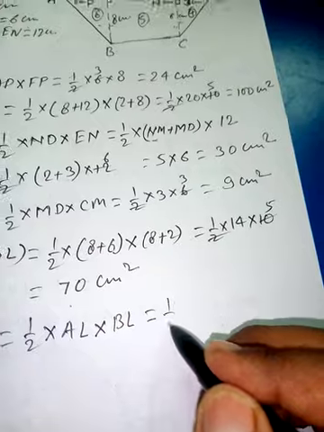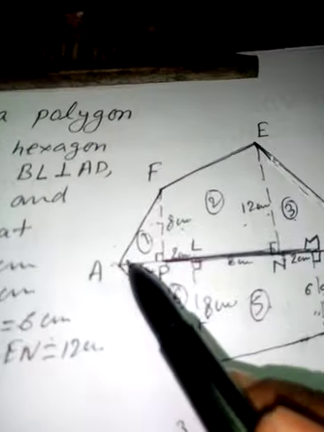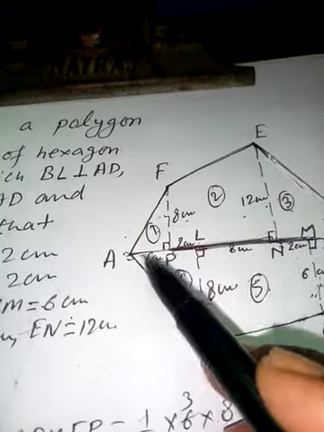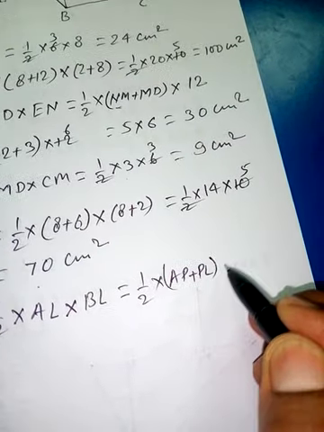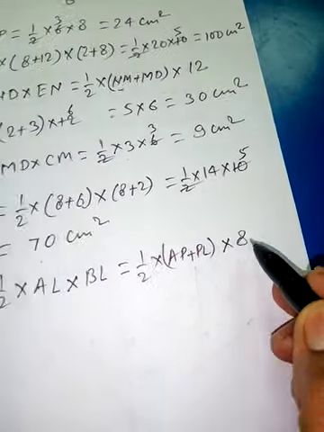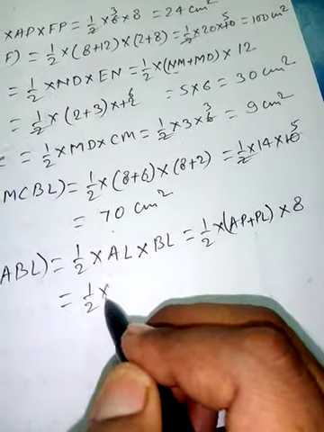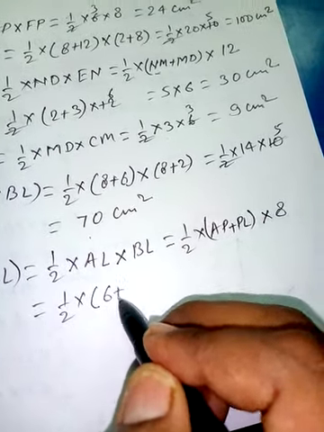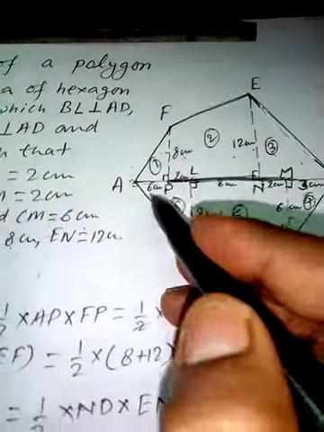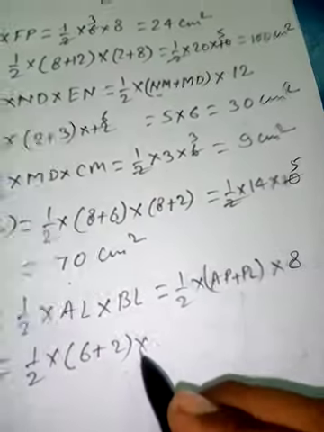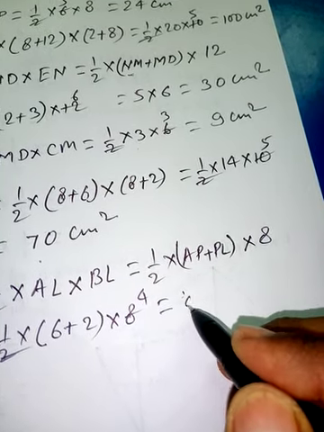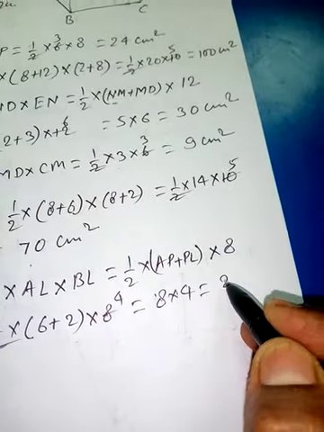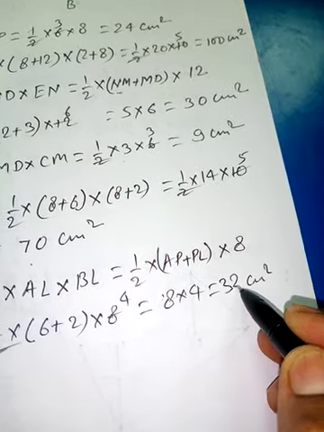AL means AP plus PL, and BL is 8 centimeter. So 1 by 2 into 6 plus 2 into 8, 4 eights, that is 32 centimeter square.